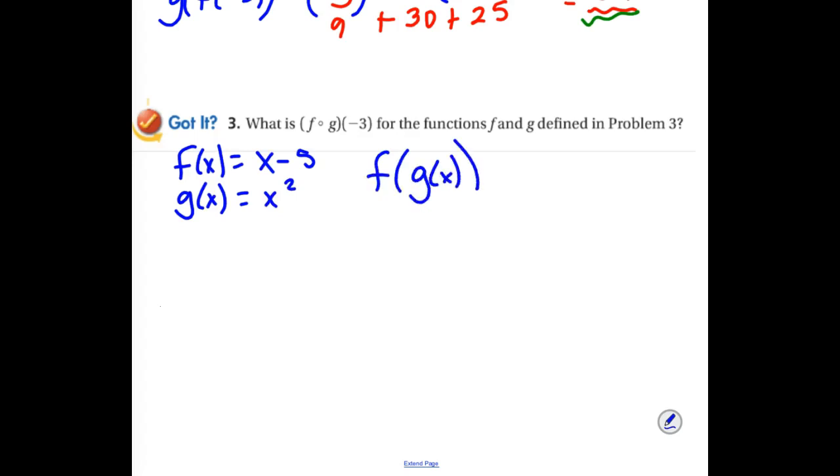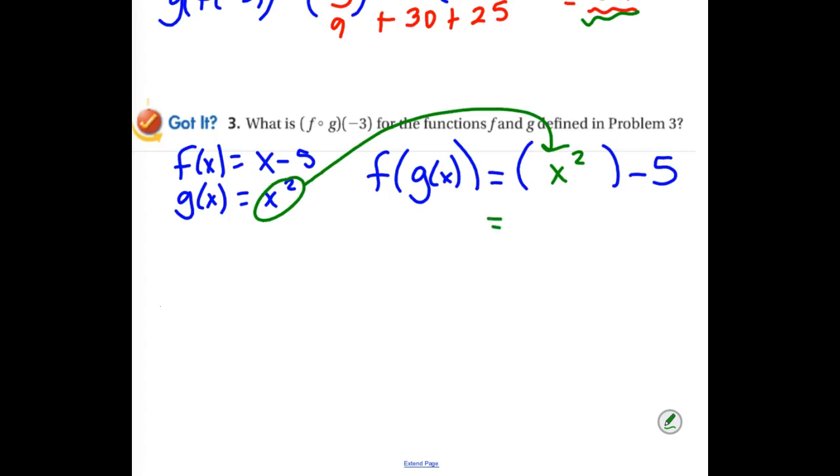So we are going to write function f down. Wherever there was an x, we're going to put parentheses. So function f is taking something and subtracting 5. Okay? What we want to dump into it is function g.